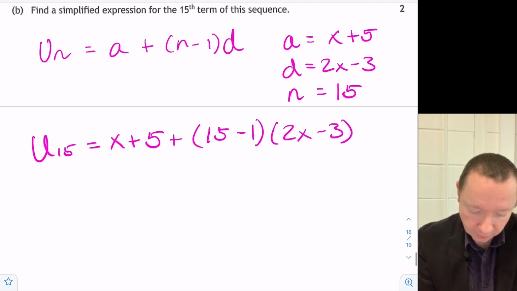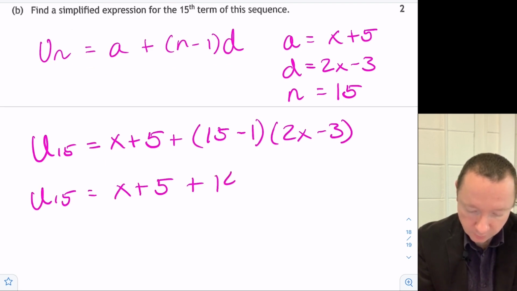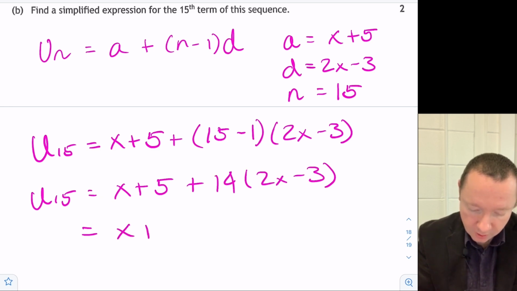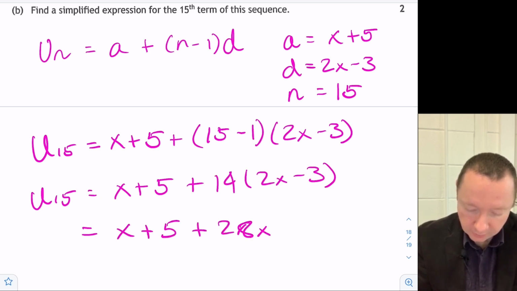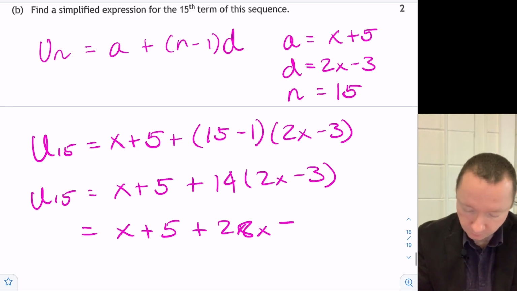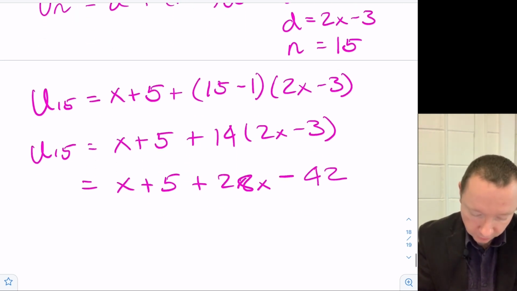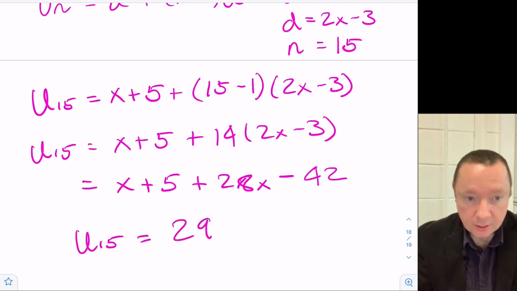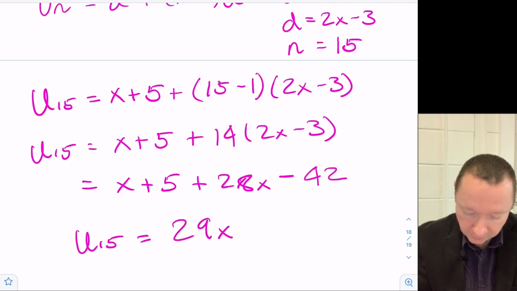So u15 equals x plus 5 plus 14 times (2x minus 3), which is x plus 5 plus 28x minus 42. So u15 must equal 29x minus 37.